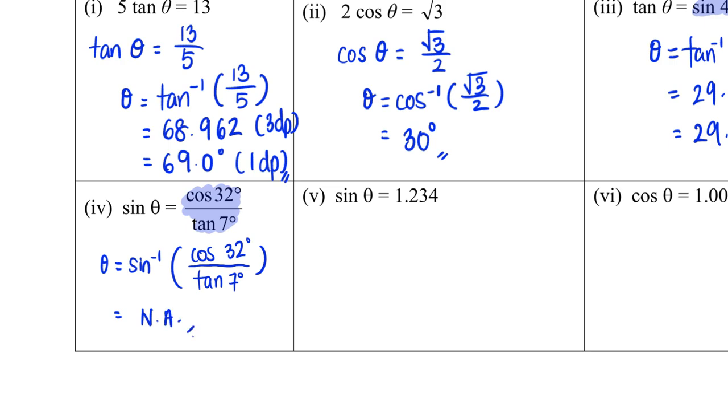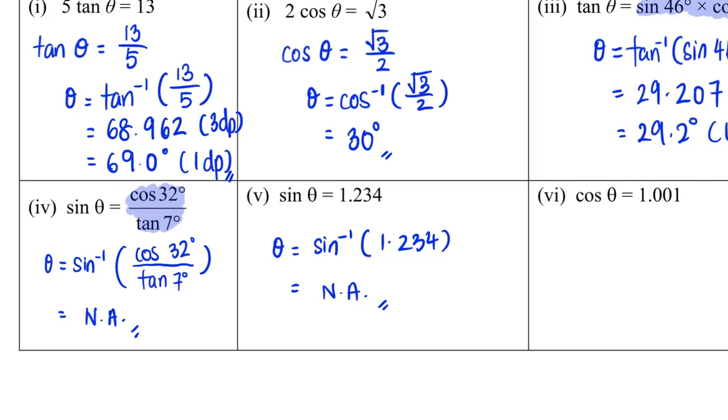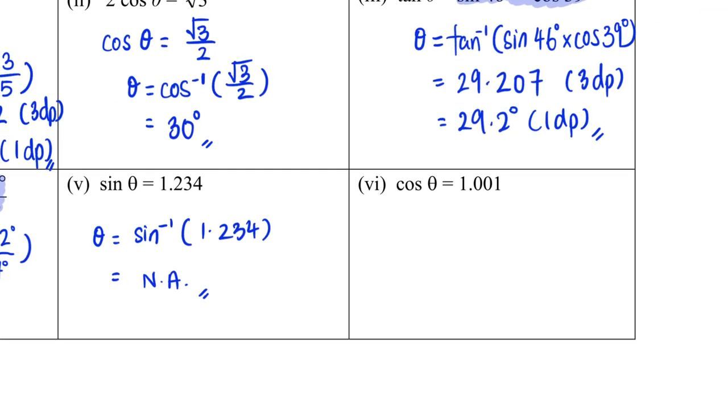And for this part it is also the same: sine inverse, or -1. You should see the -1. When I press the calculator, again it returns an error, so it is not applicable. Same goes for this one.